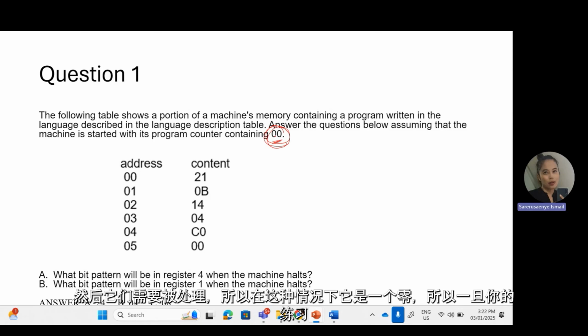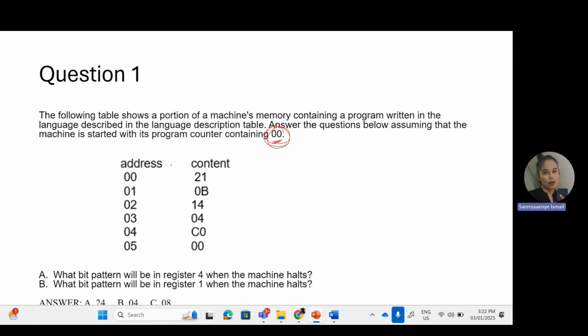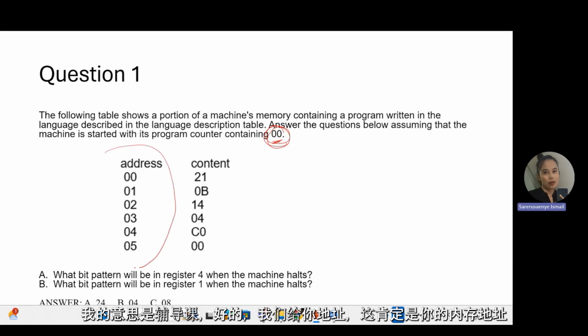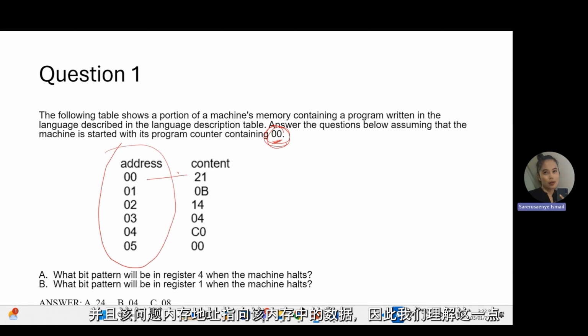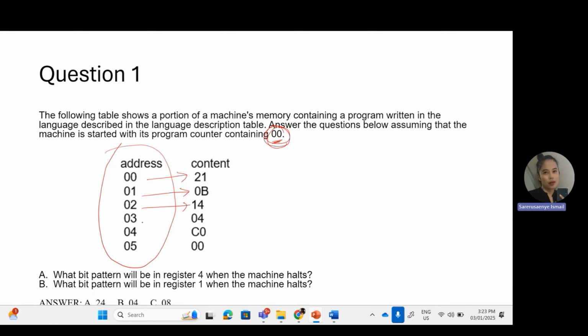In this case it is 0, 0. As in your practice tutorial classes, we give you the address. Definitely this is your memory address, and each memory address points to the data inside that memory. So we understand this, right?